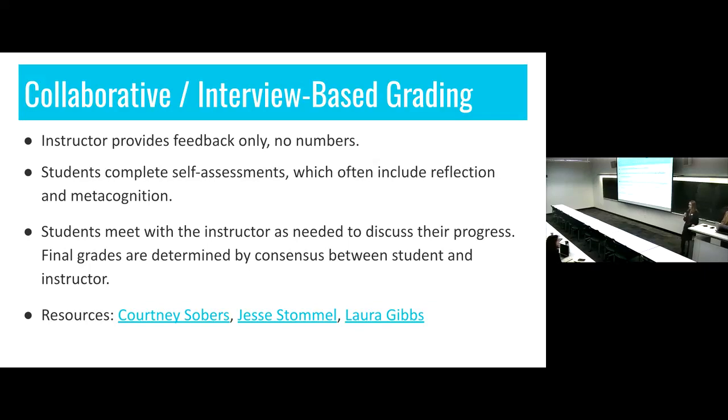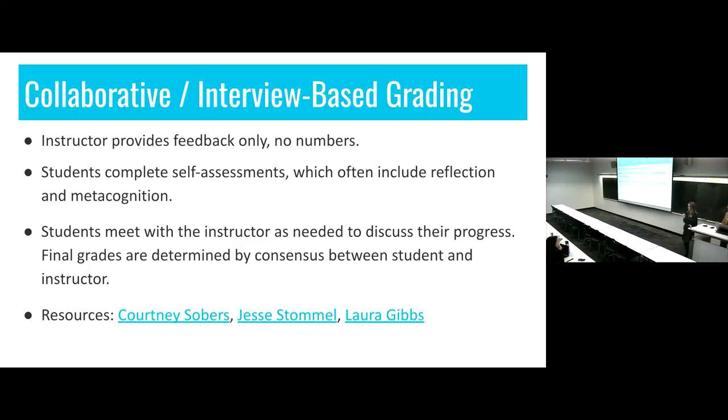So a little bit about my personal experience with ungrading, and I use the collaborative/interview-based grading approach. I do this in my organic chemistry lab for chemistry majors. The way it works is that students will get feedback from me on their assignments throughout the semester. And I do provide them with a kind of rubric/guideline of what kind of work I expect to see in different types of grade categories.